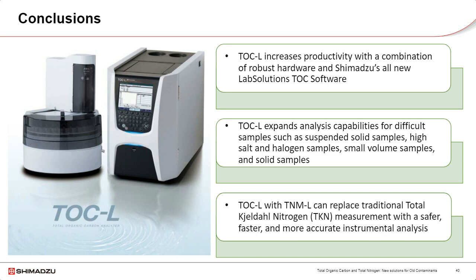Second, the TOC-L expands analysis capabilities for difficult matrices, and Shimadzu has many optional accessories for these types of samples, including suspended solid samples, high salt and high halogen samples, small volume samples, and even solid samples. And third, the TOC-L with the TNM-L can be used to replace traditional TKN analysis with a much safer, faster, and more accurate instrumental analysis.